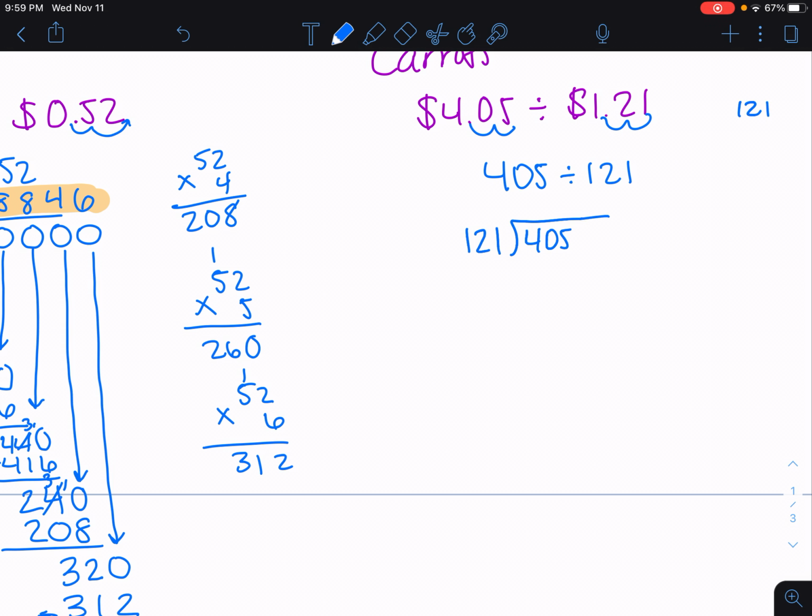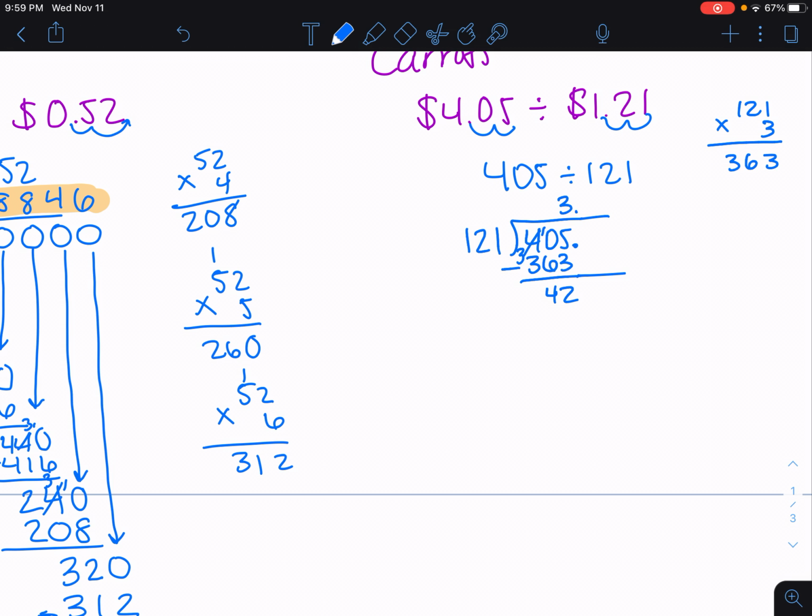Let's try 121 times 3 and see where we get. 363. Because I think 4 is going to be too big. It's going to be 484. So we're going to go with 3. And I've got 363. 5 minus 3 is 2. 10 minus 6 is 4.